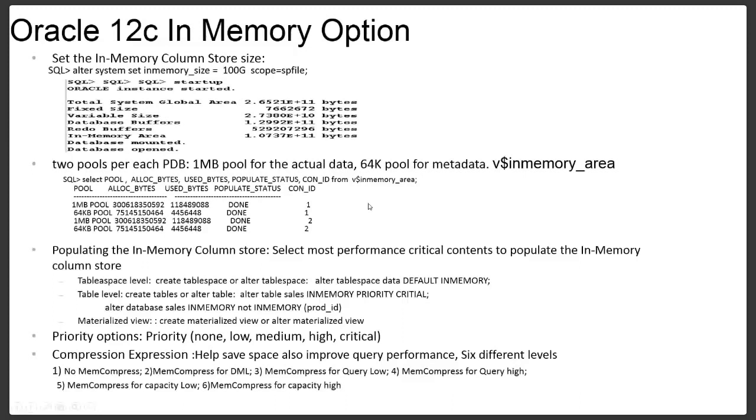The second pool is to actually store the real data. Each PDB has two pools. By querying the V$INMEMORY_AREA, you will see how much you allocated. But in 12c R1, each PDB actually shares the same pool. There's no boundary to specify how much each PDB can use of the in-memory area. But this will change in 12c R2. In 12c R2, you actually can set the quota for each PDB.